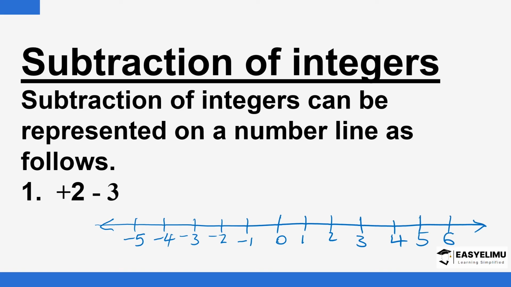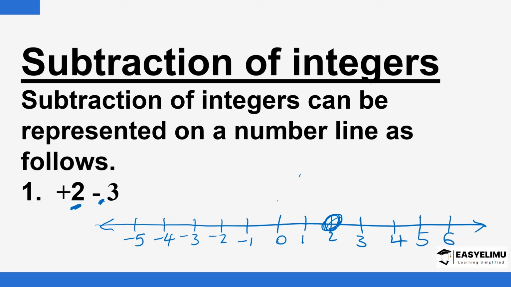Then usually what you're supposed to do is identify the first number. The first number here is 2, but positive. Then the negative sign, you see the sign immediately after the first number. This sign normally indicates the direction of movement, which direction we are moving.